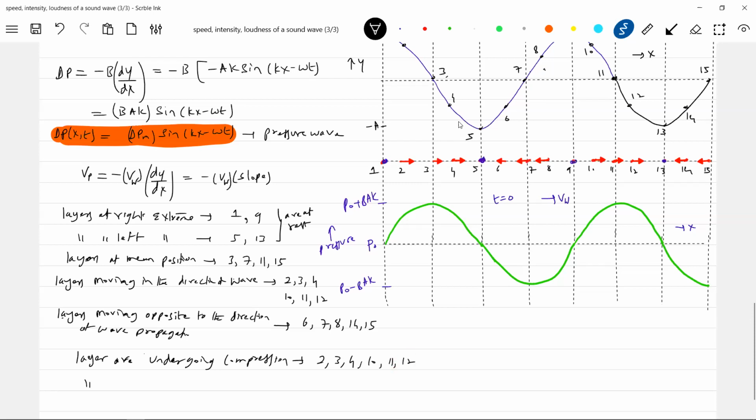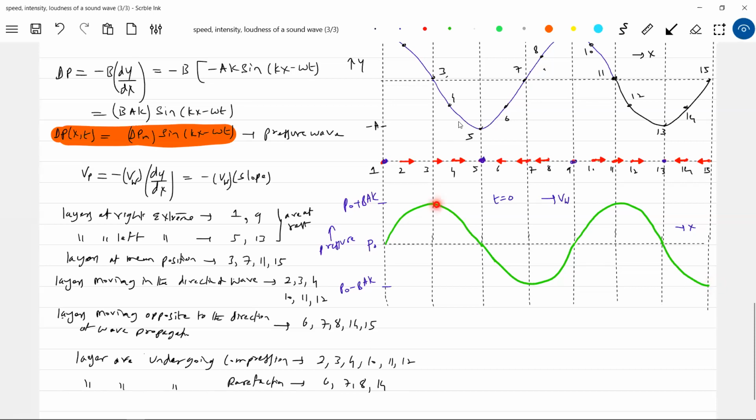Layers undergoing rarefaction: which are those layers? 6, 7, 8, 14. 15 I cannot take, because 15 is the mean position.